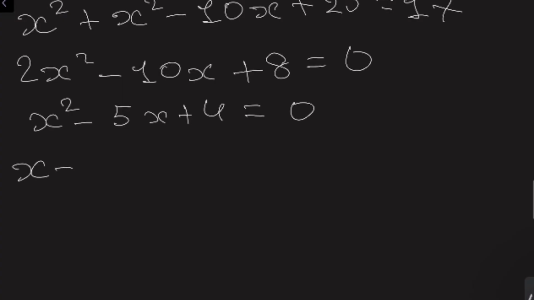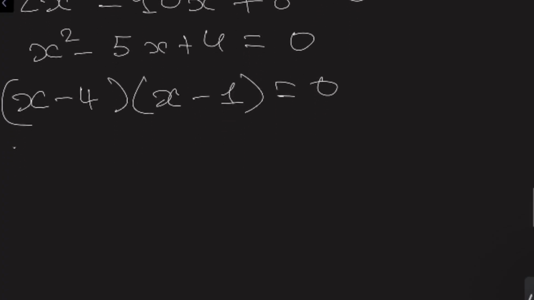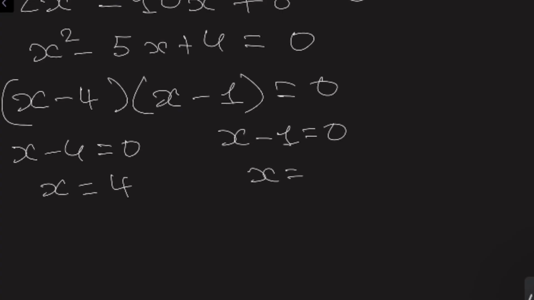Now factorize that, and you would get x minus 4, x minus 1. Then same as before, x minus 4 equals 0, so x equals 4. That's the first solution of x. And then x minus 1 equals 0, x equals 1. That's our second solution for x.